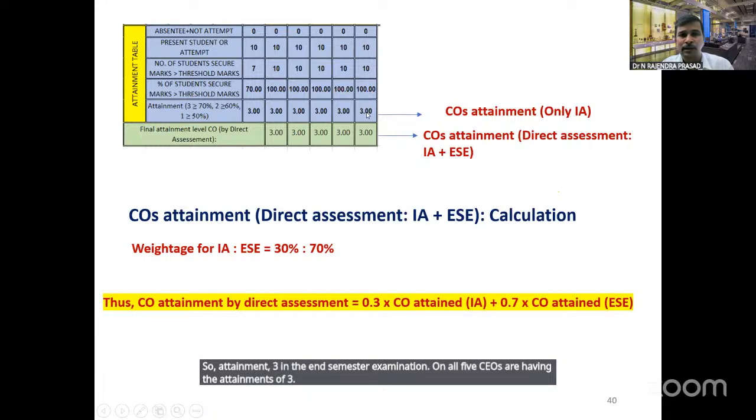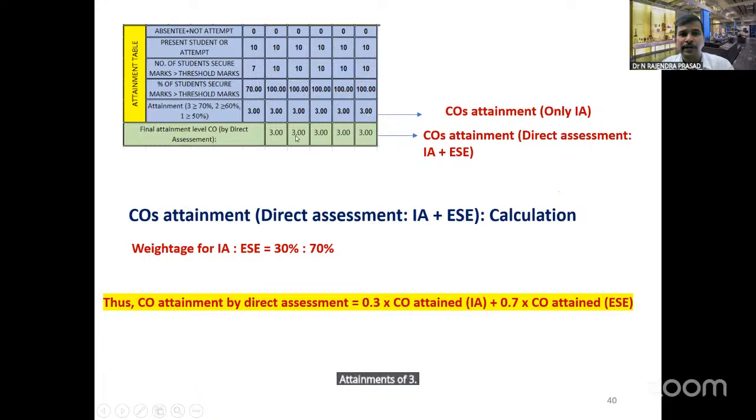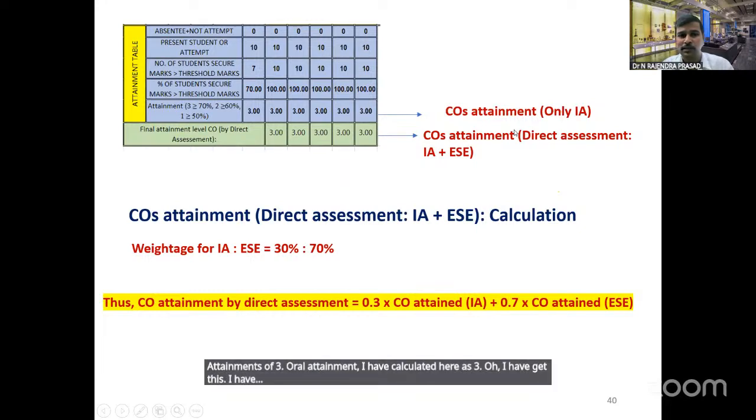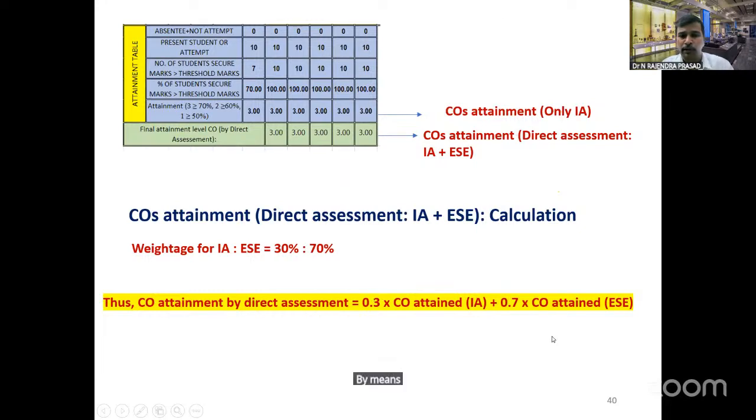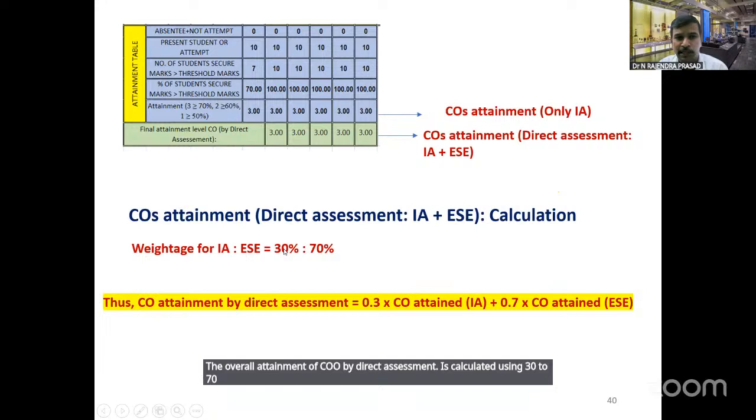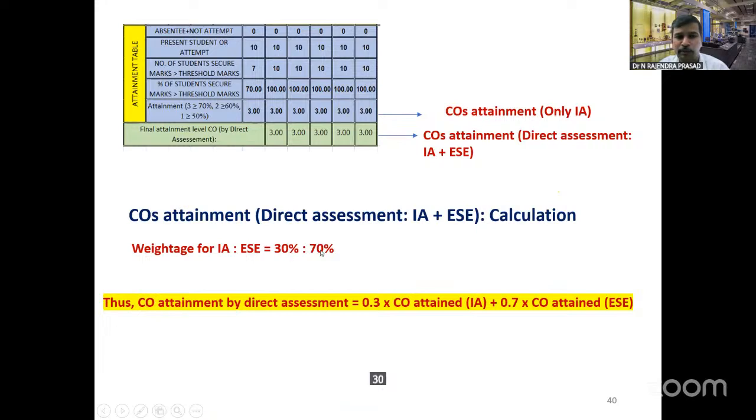Overall attainment I have calculated here as 3. How have I got this? By means of this formula, which I have highlighted with yellow color. The overall attainment of CO by direct assessment is calculated using the 30:70 proportion: 30% from the internal assessment, 70% from the end semester examination.